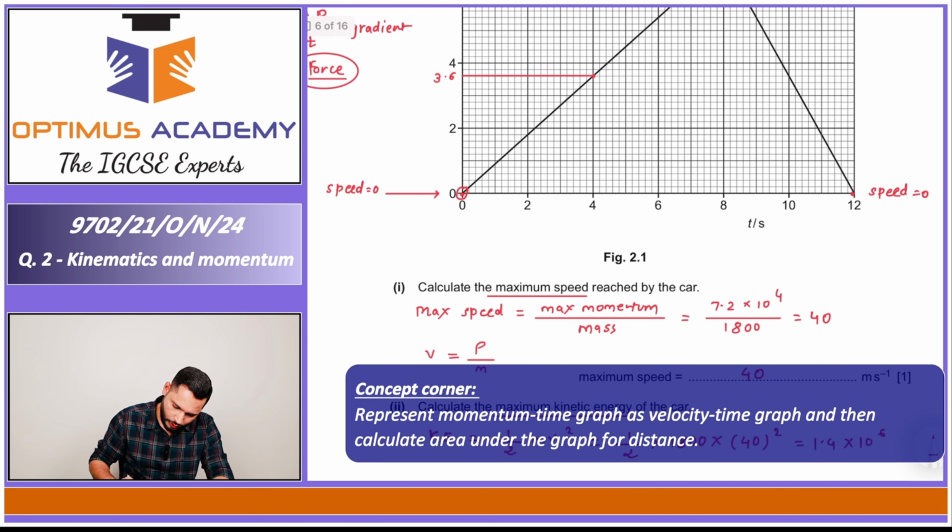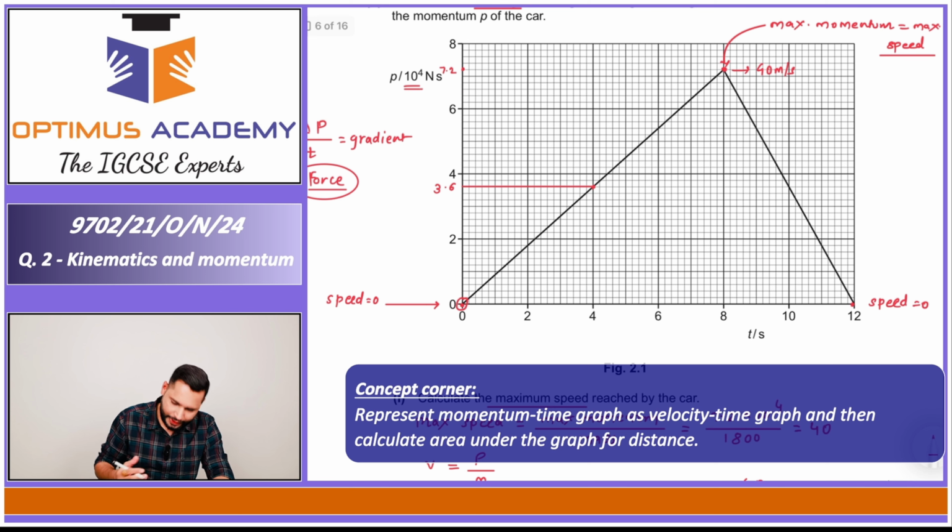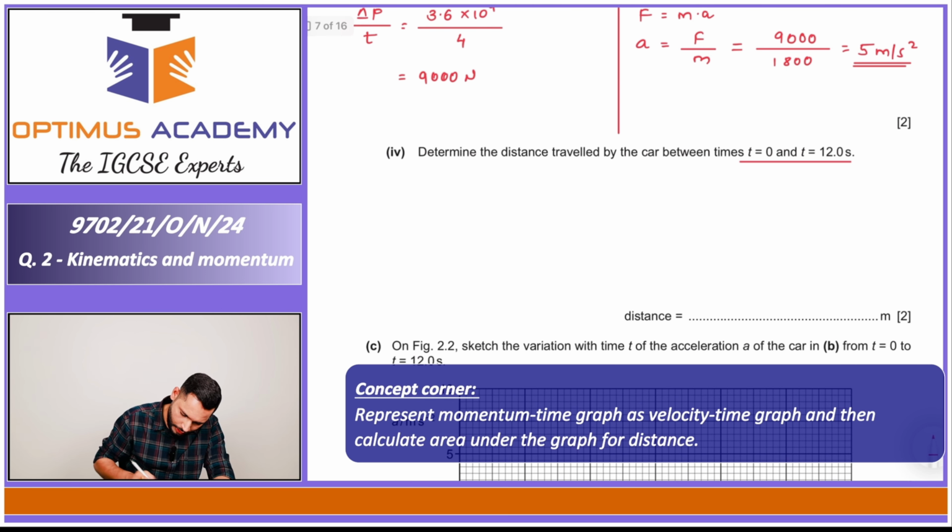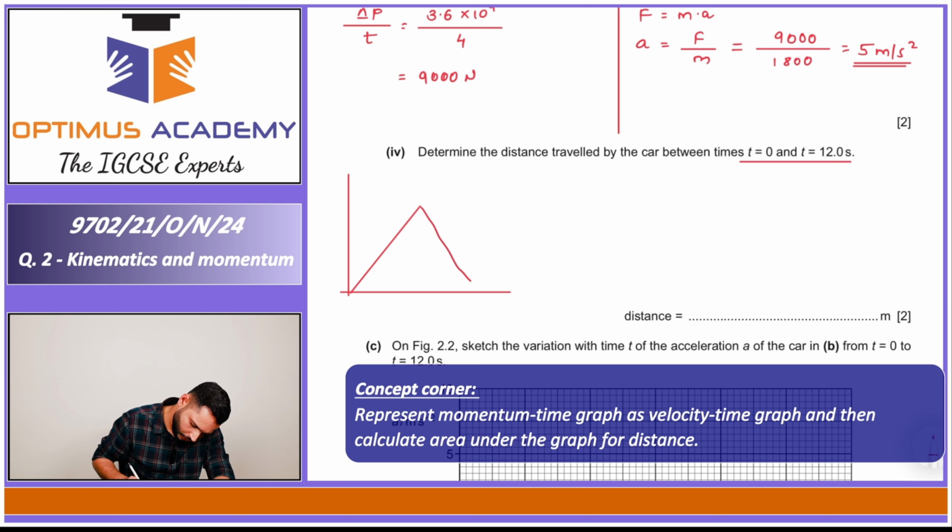Next question, determine the distance traveled by the car between times 0 seconds to 12 seconds. Now, if you see here, we can represent the same graph as the speed time graph also. The graph is something like this. If we represent the same graph in speed time, here the speed is 0, here the maximum speed is 40, and here the time is 12 seconds.